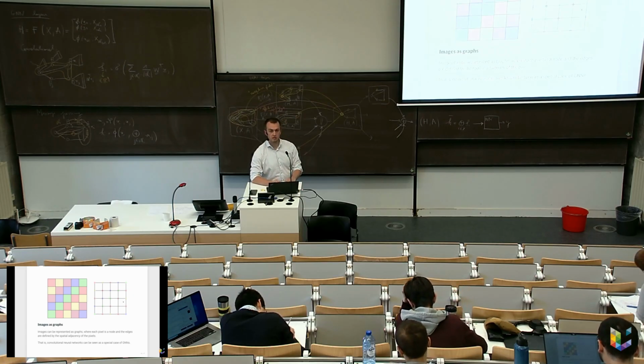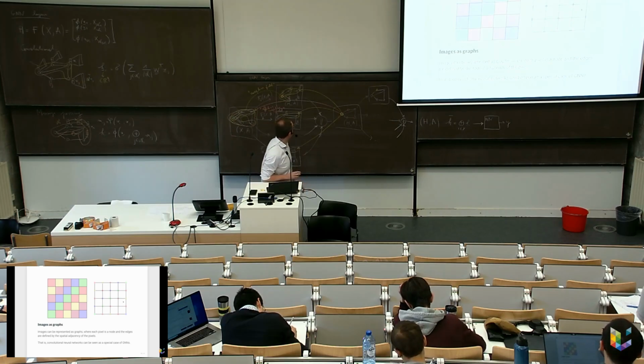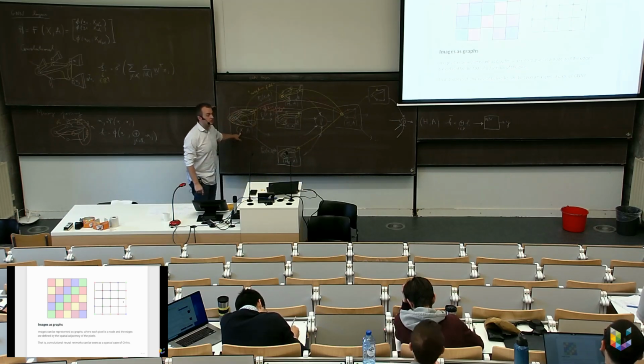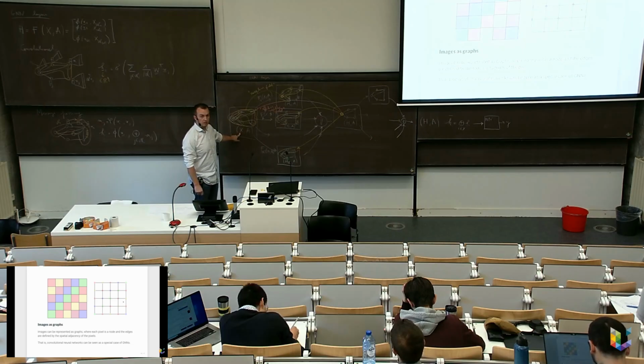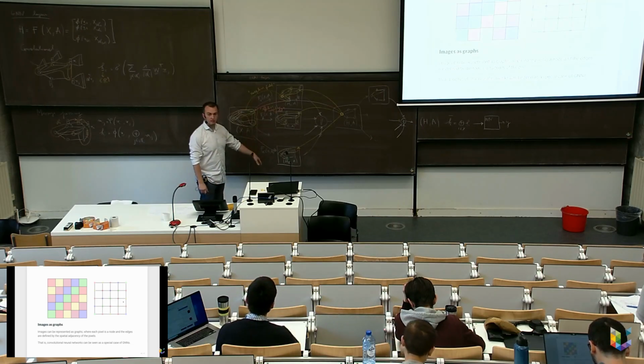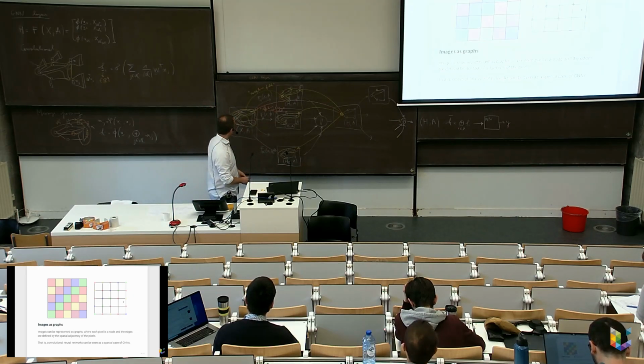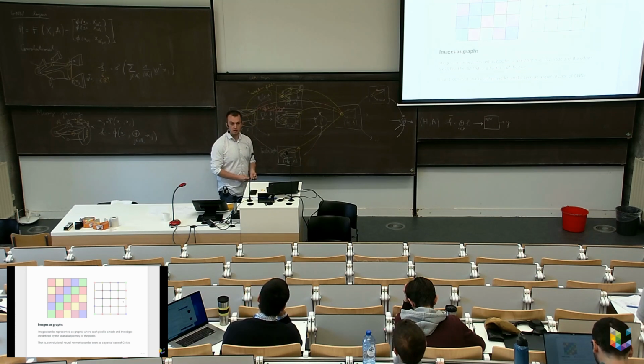That gives you this initial A. Then in X you associate a very small vector, which maybe initially just encodes the three channels: red, green, and blue. But then you do this, and what you will be effectively doing is the same as what a convolutional neural network is doing, but expressed as graphs.